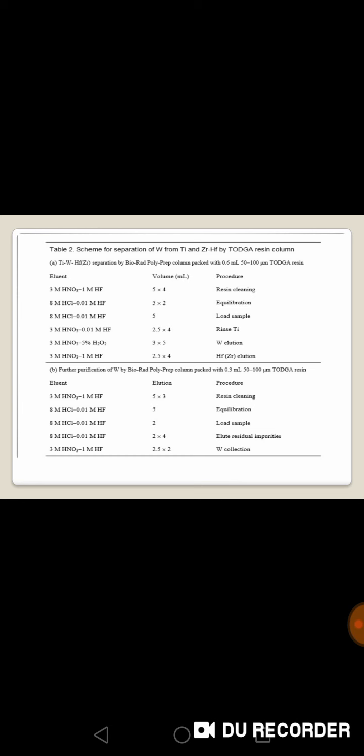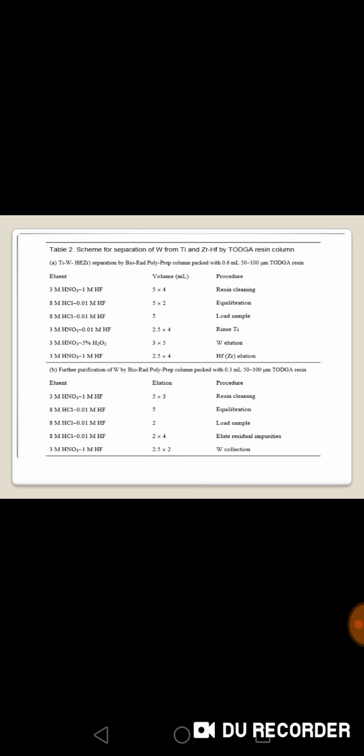And if we talk about section B, table 2B, in which we are going to further purify the tungsten by a Bio-Rad Poly-Prep column packed with 0.3 ml 50 to 100 micrometer TODGA resin.